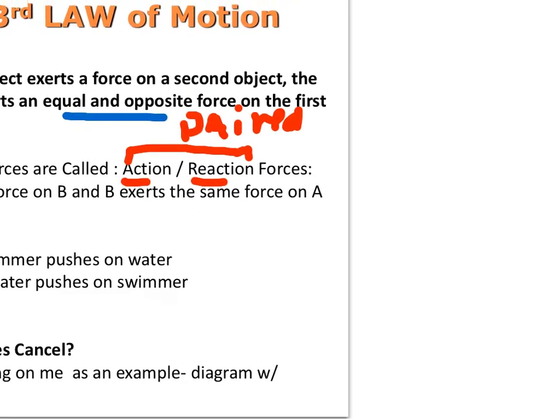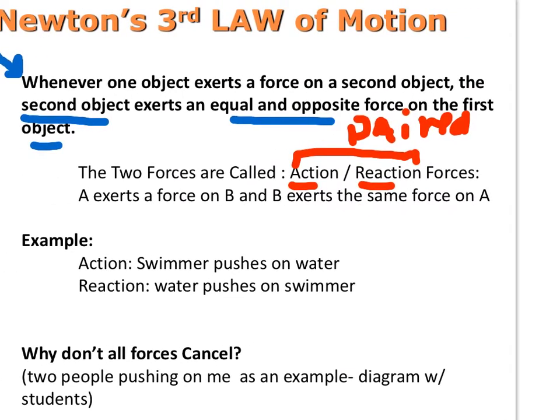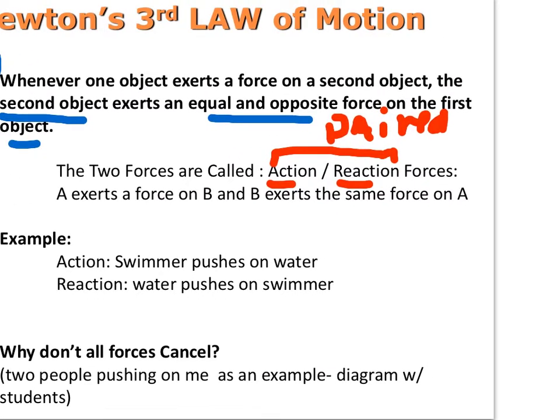So, if I just drew a quick example of that, I have some water right here. Okay, put a swimmer in there, or at least a swimmer's hand. Here's my swimmer. What it's saying is the swimmer is going to exert a force on the water.